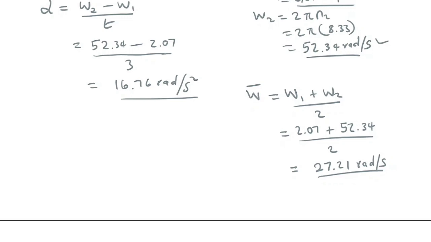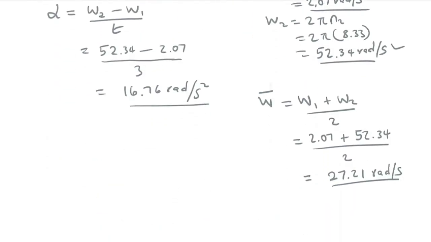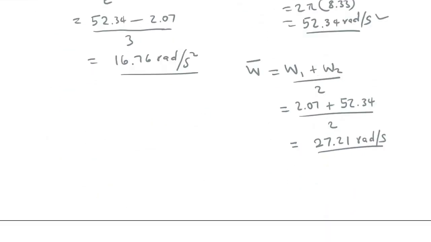Now the statement said calculate the angular displacement during 3 seconds. The formula to calculate the angular displacement is angular velocity 1 plus angular velocity 2, divided by 2, close bracket, times the time.